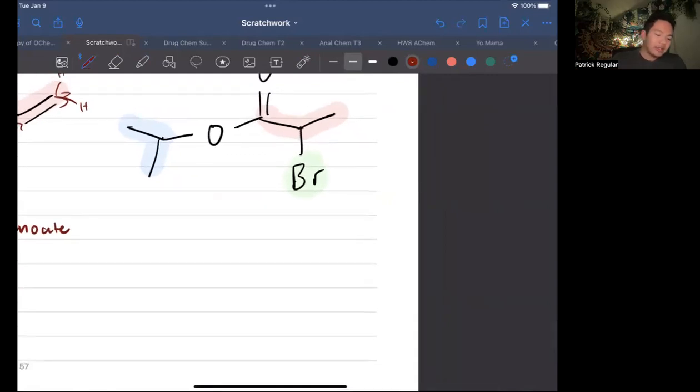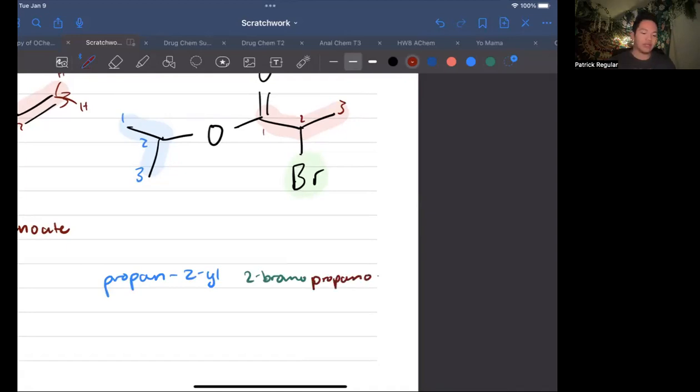So let's look. 1, 2, 3. We use our branch of a branch logic. So if we have a propyl group, but the second carbon's attached, it would be propan-2-yl, right? Propan-2-yl 2-bromo, let's count this out. 1, 2, 3.